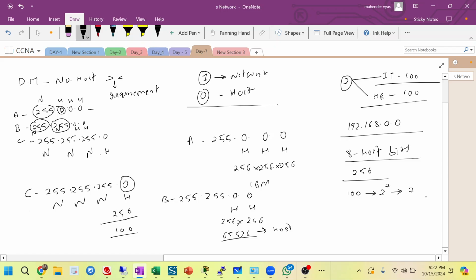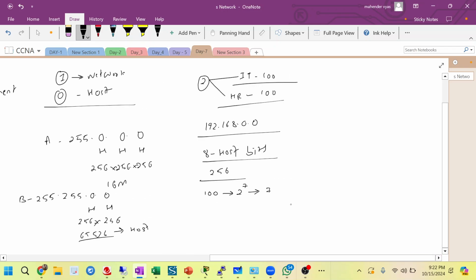We need only 7 host bits. So as of now I have 8 host bits, but my requirement is 7 host bits. 8 minus 7. So this one remaining host bit I am giving to network, right?